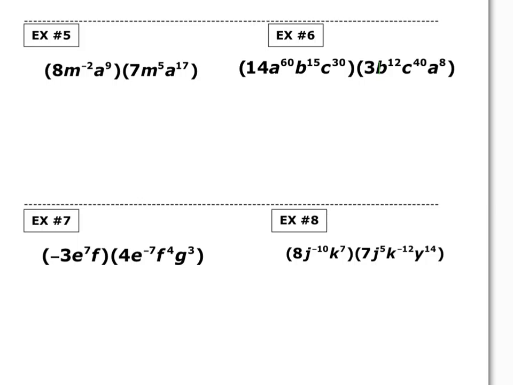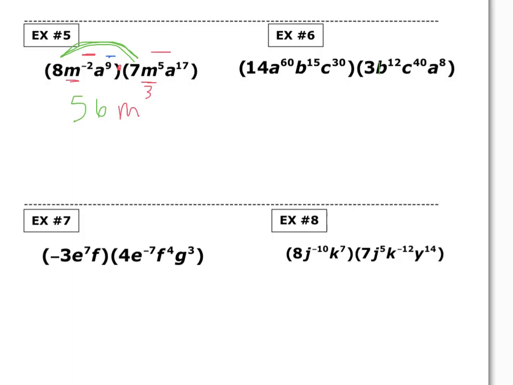Okay, so once again, our first step, we're going to multiply our coefficients. Knowing basic multiplication, 8 times 7 is just 56. Then we got to look at our different exponents. And we both have an m. They are multiplied together. So we have -2 plus 5, and that will give us m cubed. Let's do blue. And then we got to look at our a's.